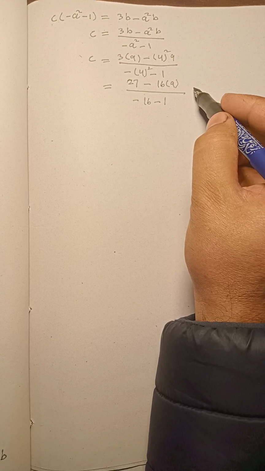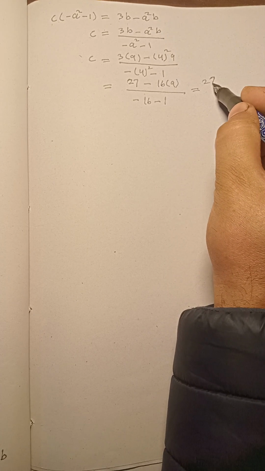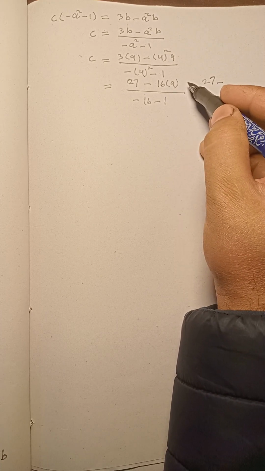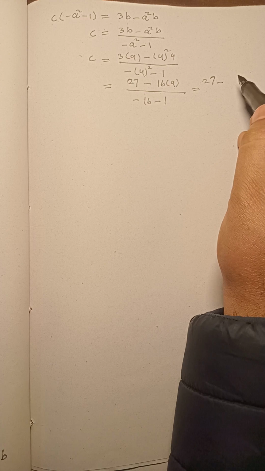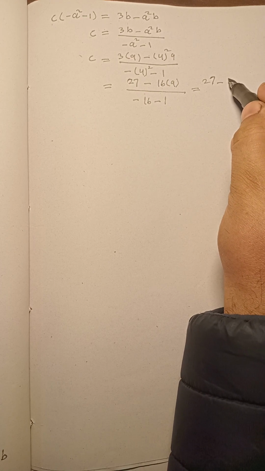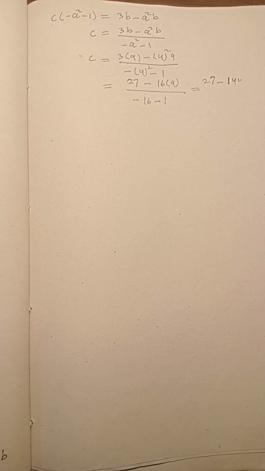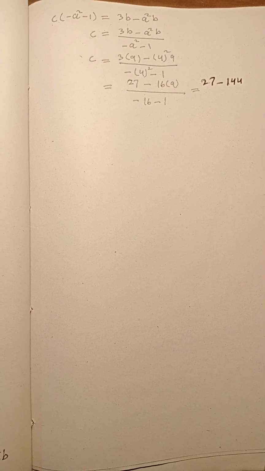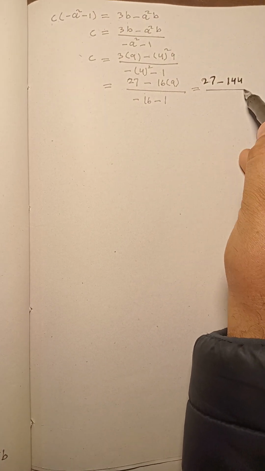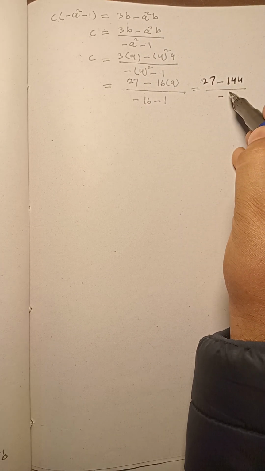And further calculation: 27 minus 16 multiplied by 9. You have found the value of 16 multiplied by 9, that was 144. 27 minus 144, and over there is minus 16 and minus 1 makes minus 17.